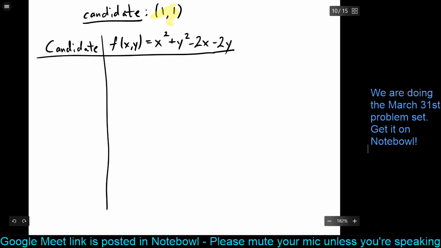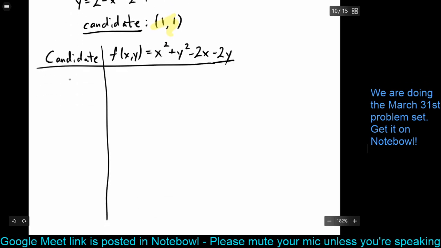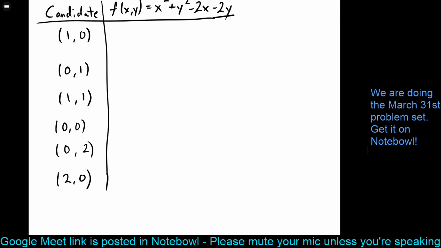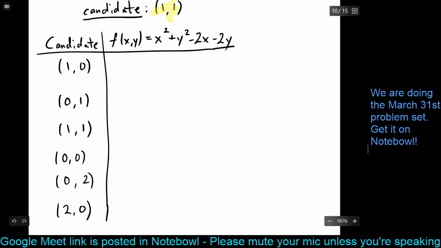All right, so let's list out the points we just found. 1, 0, 0, 1, and 1, 1. And then we also want to list out the 3 corners, which were 0, 0, 0, 2, and 2, 0. Right, so all 6 of these are candidates for being an absolute max or an absolute min.